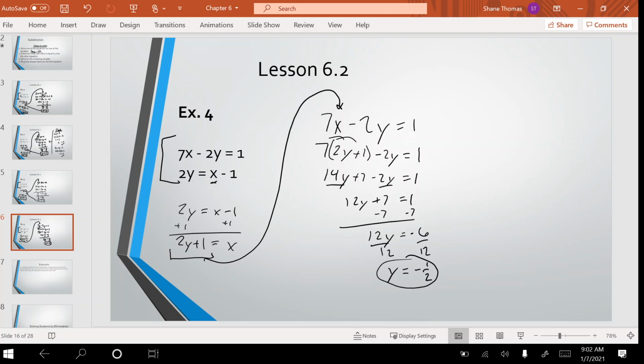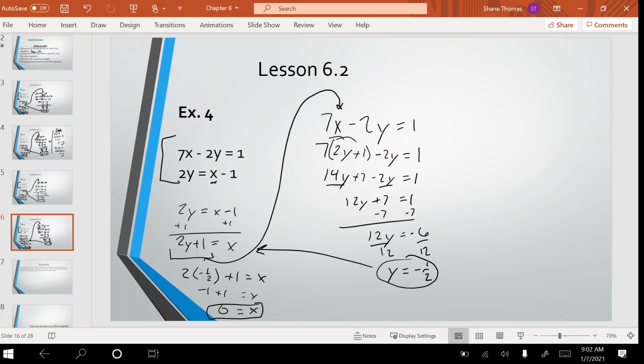There's my first one. Put it back into the box then. So 2 times negative 1/2 plus 1 equals x. 2 times negative 1/2 is going to be negative 1. Negative 1 plus 1 is going to be, so x equals 0, y equals negative 1/2.